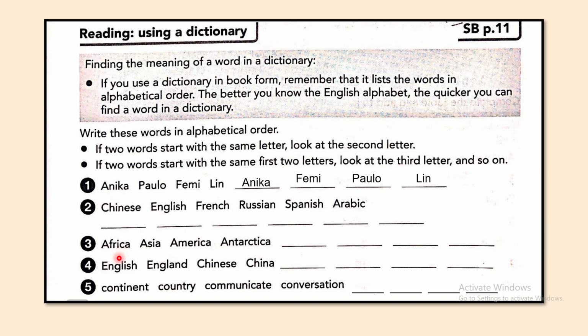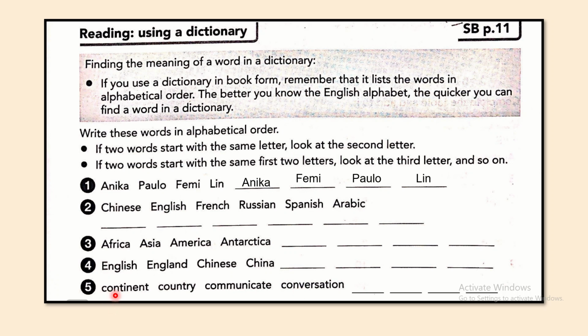For example, number 5 starts with the same letter, C: continent, country, communicate, and conversation. So you'll look at the second letter of these words, O. But all these words contain the same second letter, that's O in continent, country, communicate, and conversation. So how about looking at the third letter now?